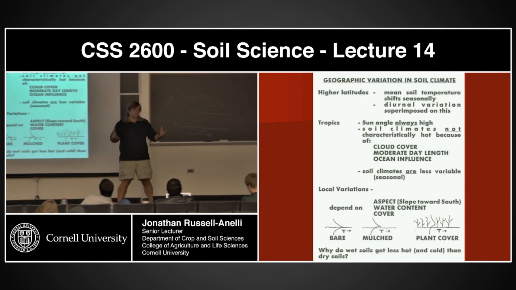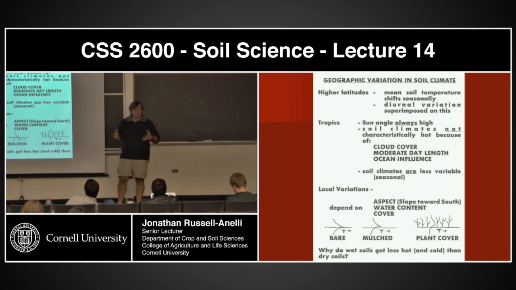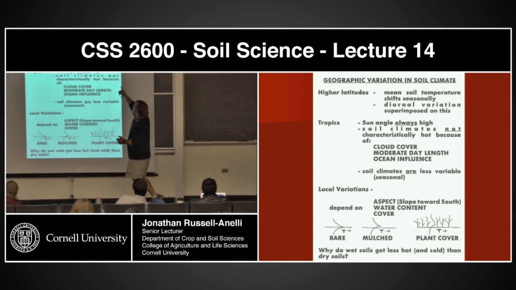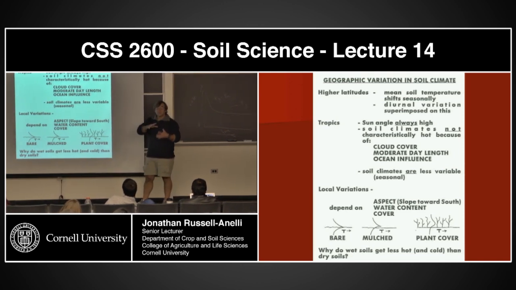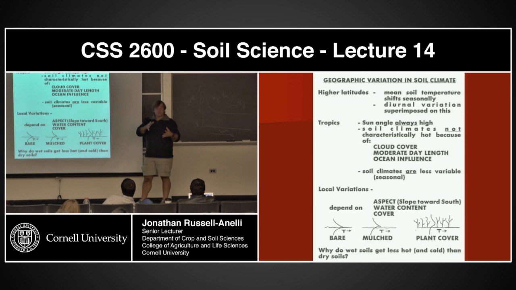I mean, we have seasons. It's colder, warmer, winter, summer. Okay, and then we'll also have very dramatic diurnal variations superimposed on top of this. We have longer days in the summertime, shorter days in the winter. Okay? So we're going to have a diurnal effect, not just a temperature effect from our latitude.